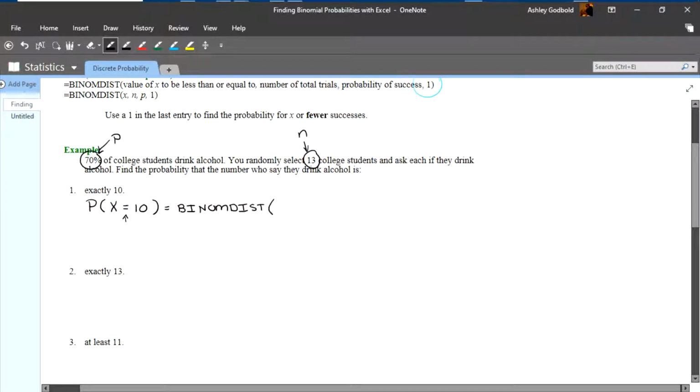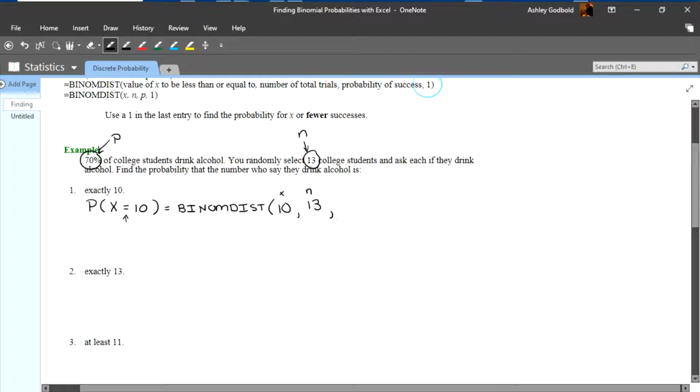Now the first number we want to put in here is our x. That's the value that we are trying to find the probability of. So we want to find the probability that 10 students, so x is 10. So this is the number of successes we're looking for. Then the next number is the total number of trials, which in this case was 13. We asked a total of 13 students.